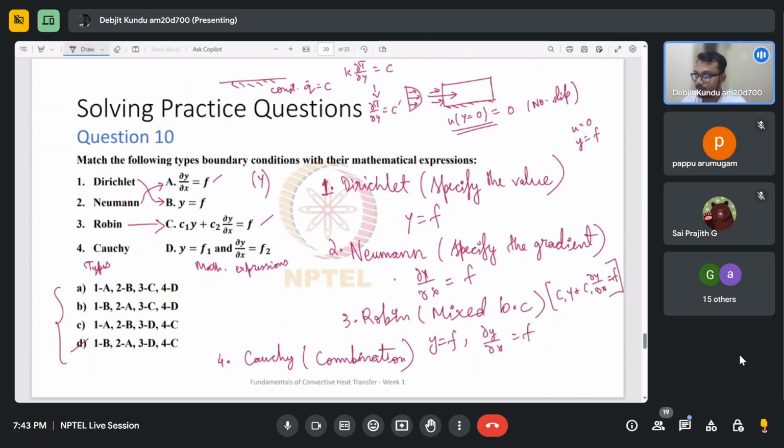So one example of Robin boundary condition happens in natural convection, where let's say on the boundary we mention the temperature as well as the heat flux through it. The heat flux basically is a function of the temperature.